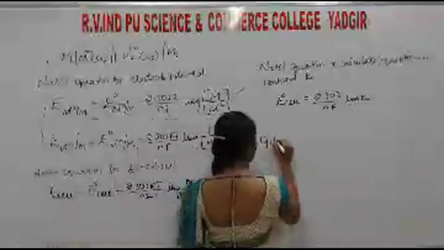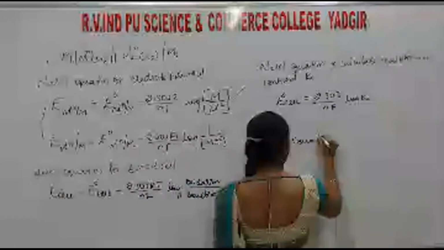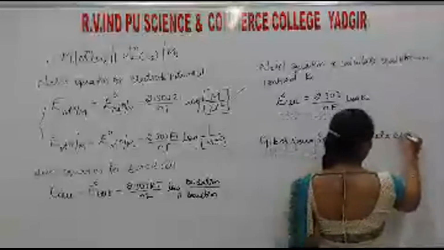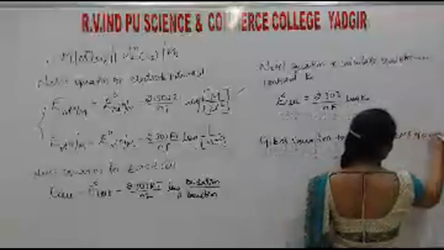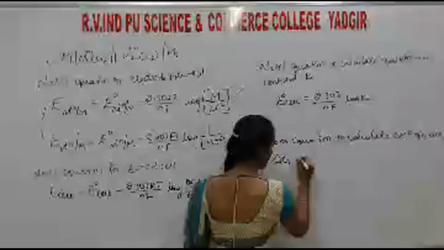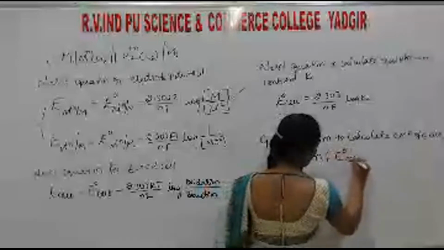So next, Gibbs equation to calculate EMF of a cell. So students, Gibbs equation means delta G is equal to minus NF E cell.